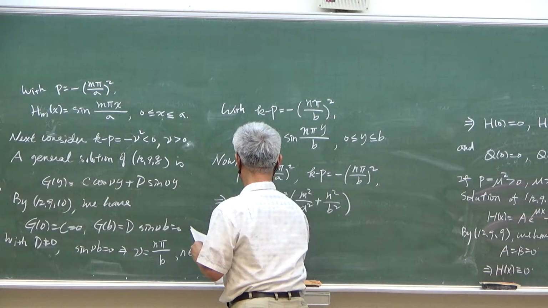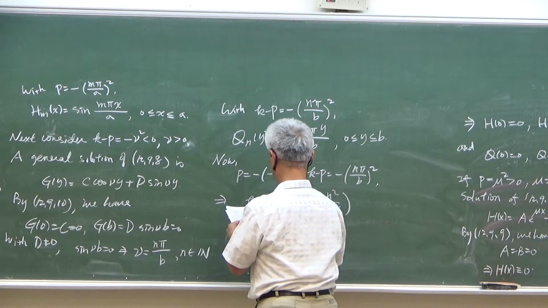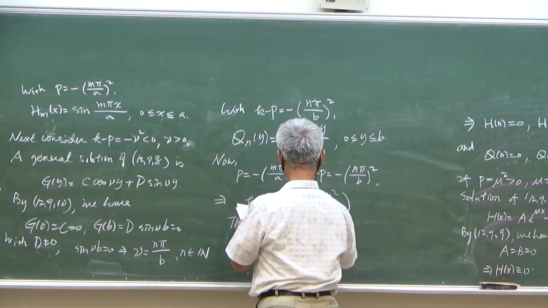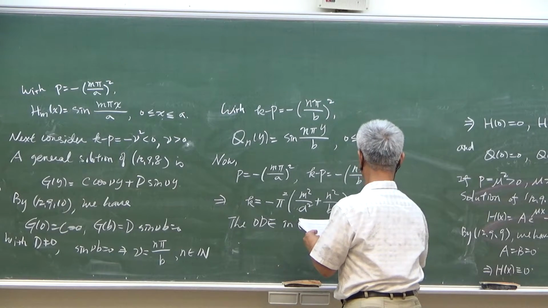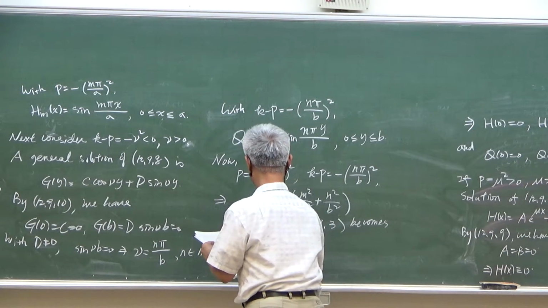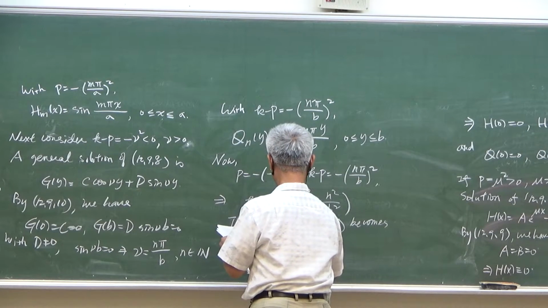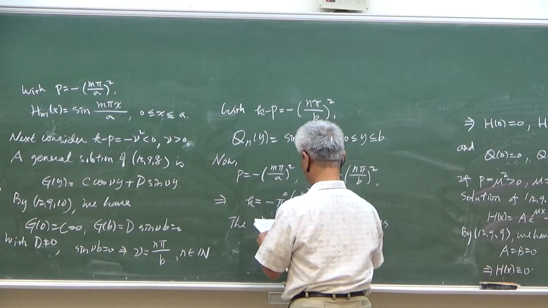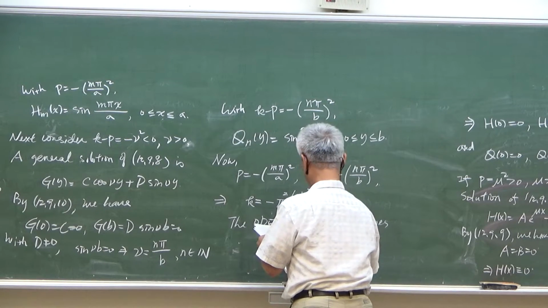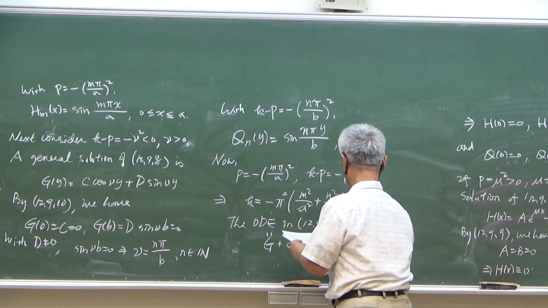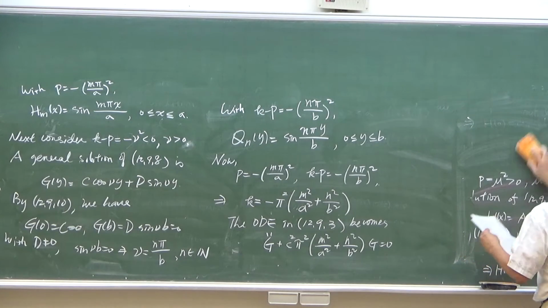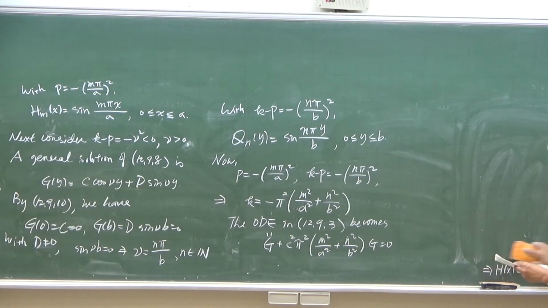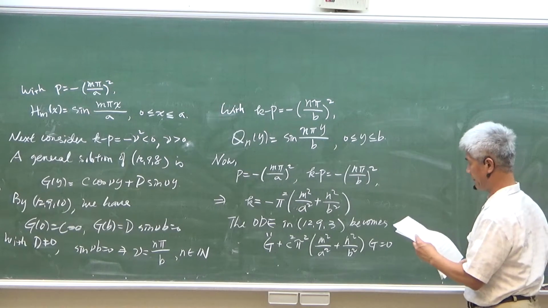So the ODE in our original 12.9.3 becomes g double dot plus c square pi square times (m square divided by a square plus n square divided by b square) g equal to 0. So that is the situation.